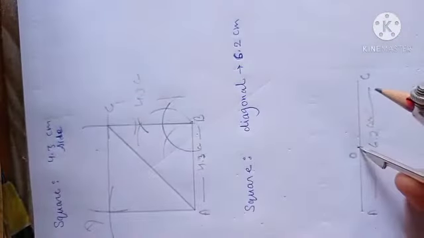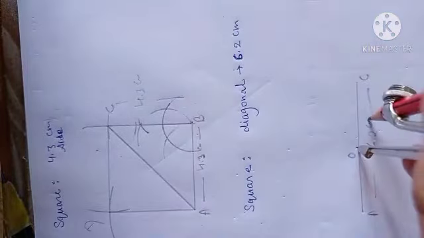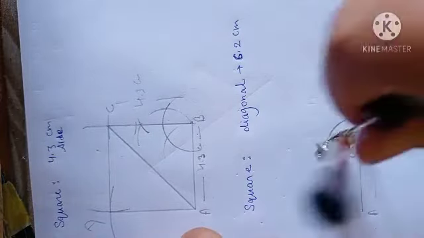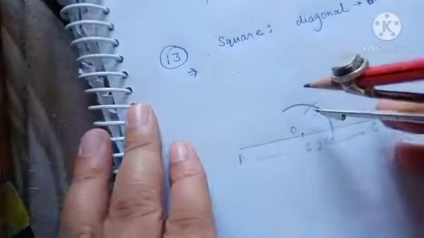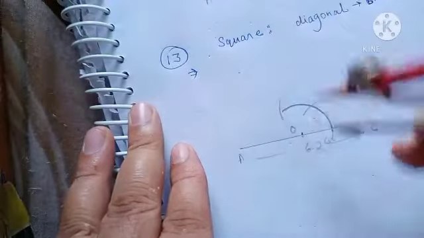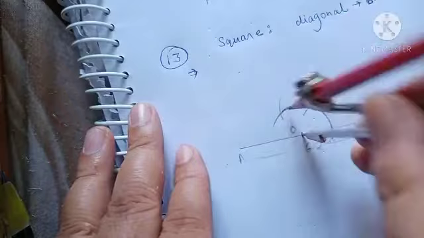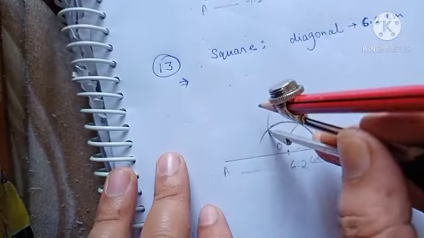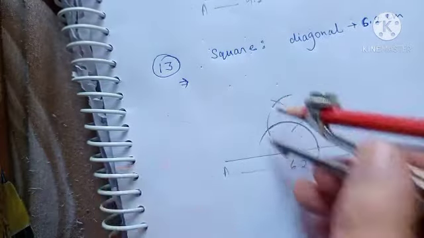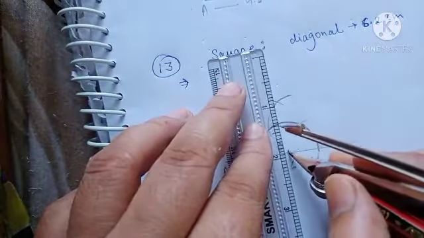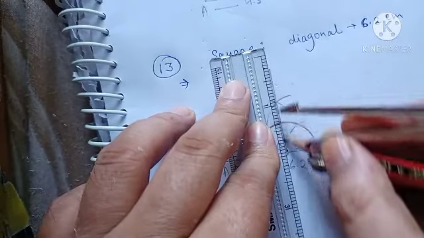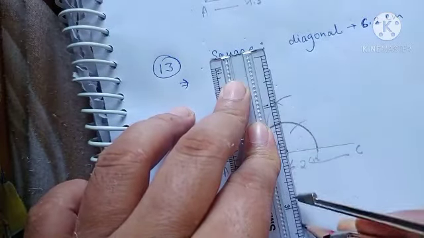So now we have to make a 90 degree angle at O. 60, 120. Okay, we have to extend this arc. Now join O to the point of intersection and extend this line to the opposite side also.